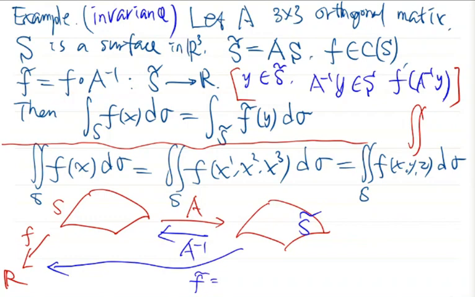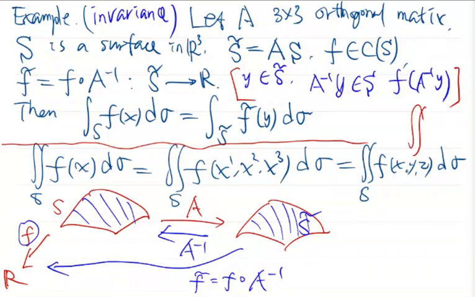This function we denote by f tilde, f composed with A inverse. So our theorem, our conclusion says that integrating f over the surface S equals integrating the new function f tilde over the image of S under the orthogonal transformation A. Okay, so this is the geometric meaning of this result.